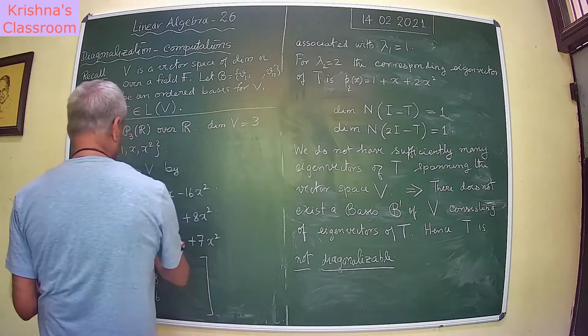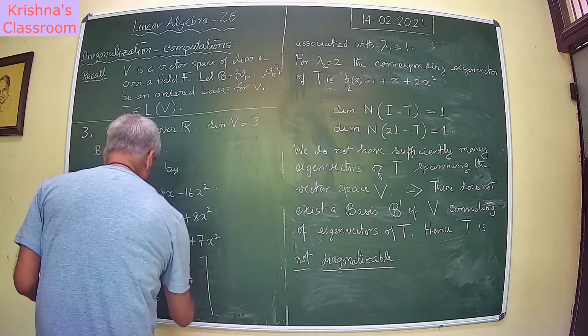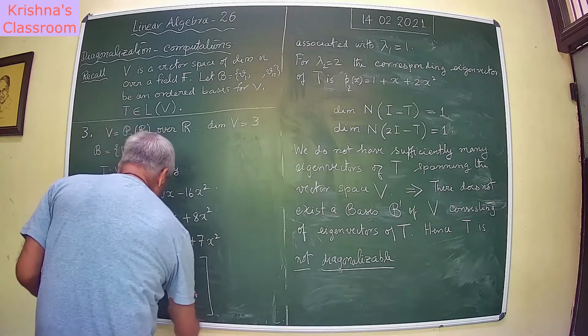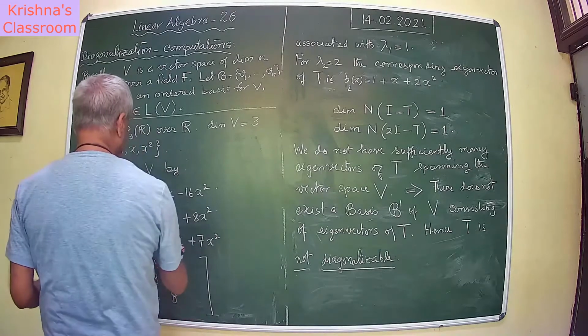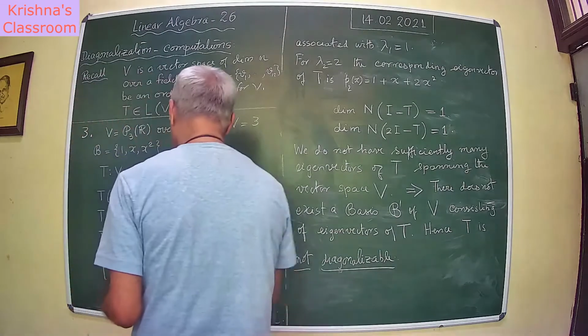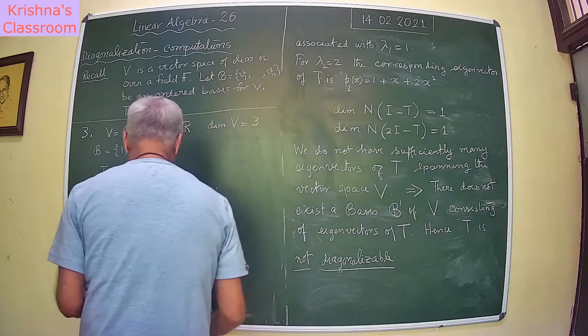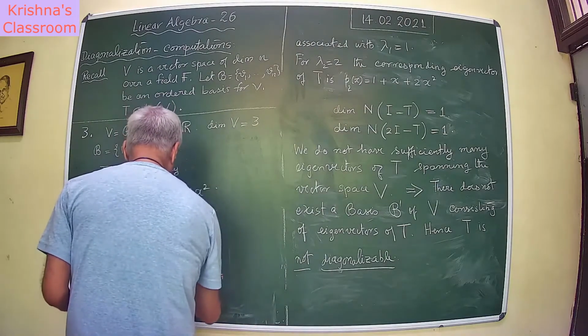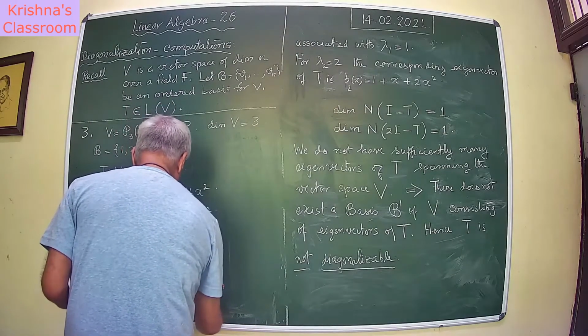Then 4, 3, 8. That is, these coefficients will form the second column. The third column is going to be 4, 4, 7.